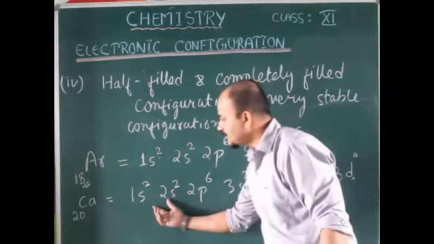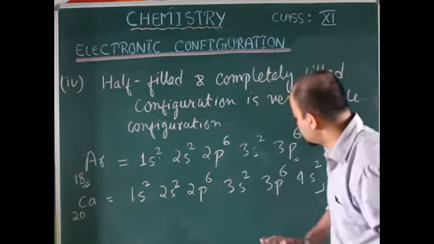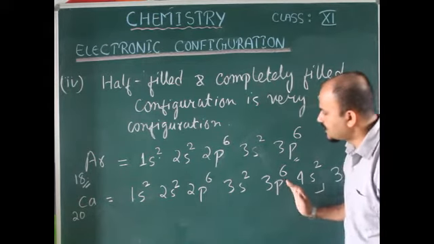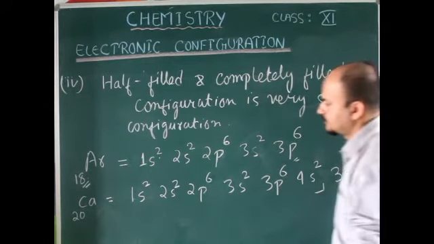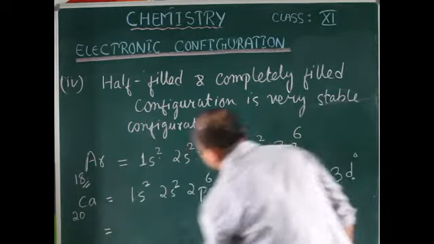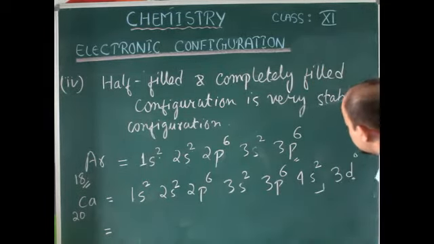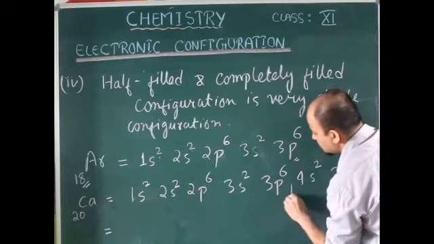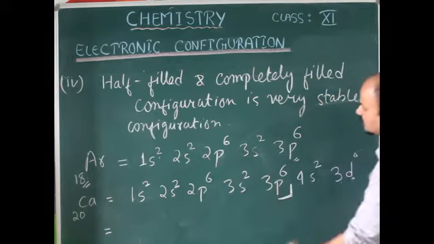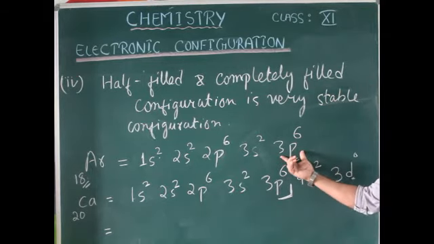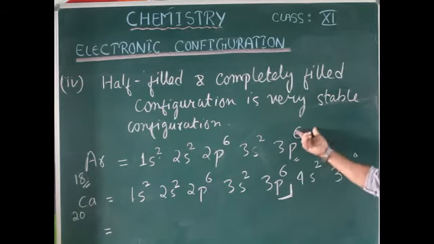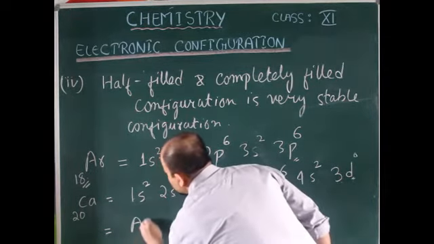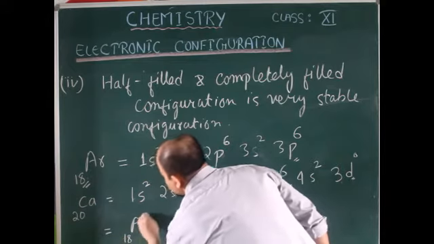Now, look at it. The same electronic configuration can be written in this manner also. Argon is a noble gas, as you have seen just now, so it has electronic configuration up to 3p6. So up to 3p6, I can write argon, 18, within the bracket.